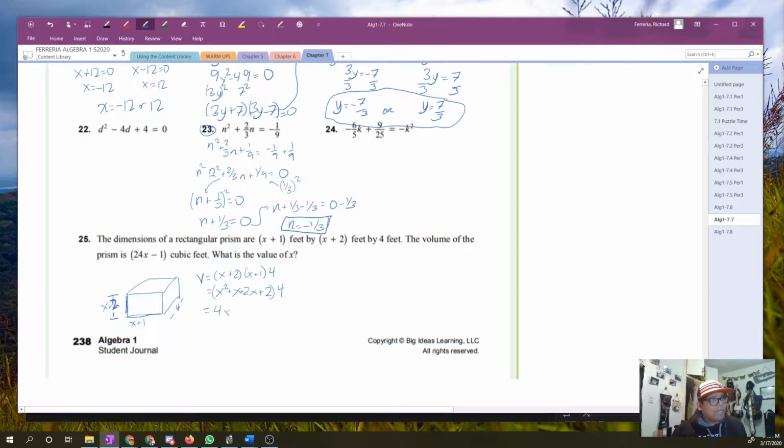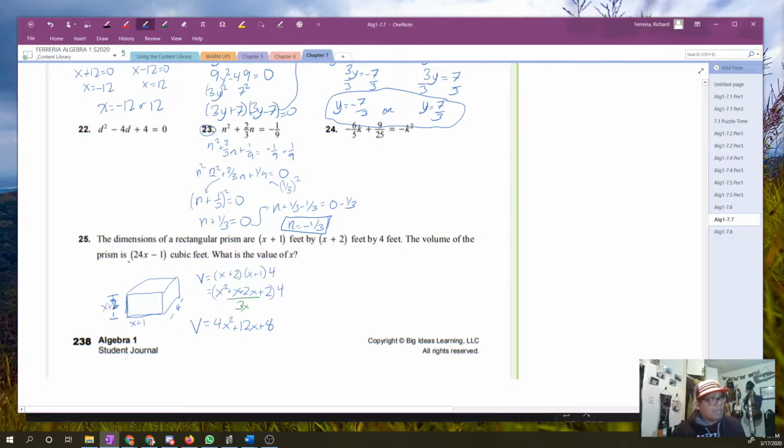You got 4x squared plus, well, that's x plus 2x, that's 3x. Let me make that a little bit clearer. Sorry, I'm getting ahead of myself because I just like it so much. Let's move this down here. And these two together make a 3x. Okay, so now we have 4 times 3x, that's 12x. 4 times 2 is 8. Okay, so that's my volume formula.